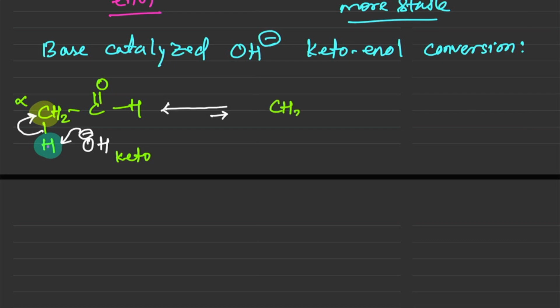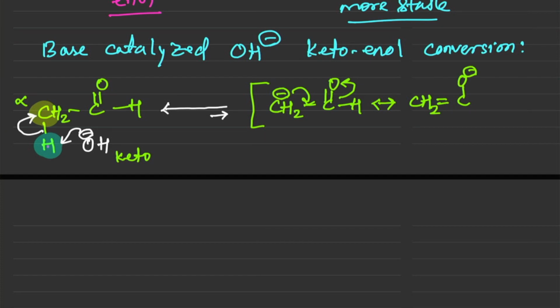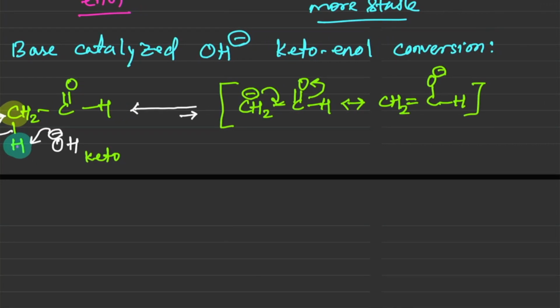So you got CH2 negative, C, O, H. The resonance contributing structure for this one would be this, where the negative charge can be delocalized onto the O negative ion. Okay, so when you have the O negative ion, it's gonna react with the water.